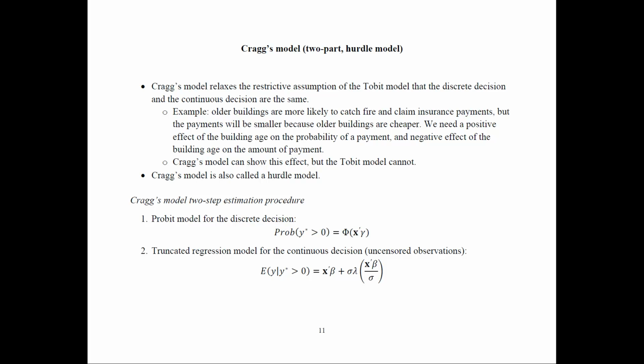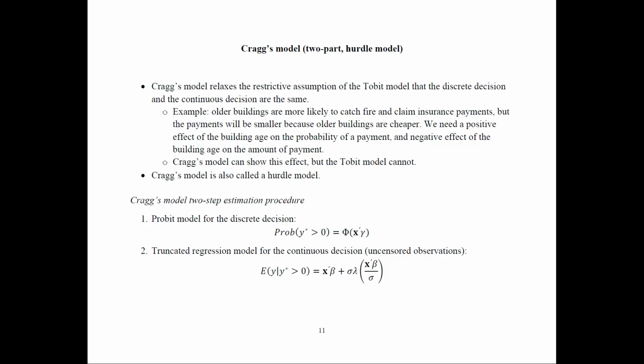So again, here we have the age of the building as an independent variable, and how much insurance payments are being made. Well, older buildings are more likely to catch fire. So we would need a positive effect on the probability of a positive payment.